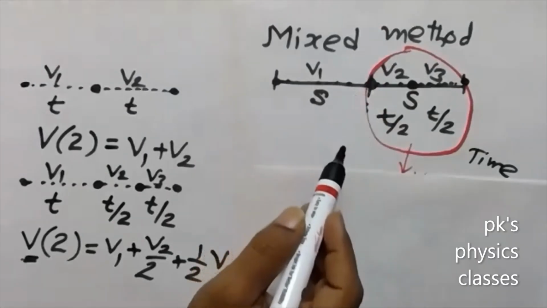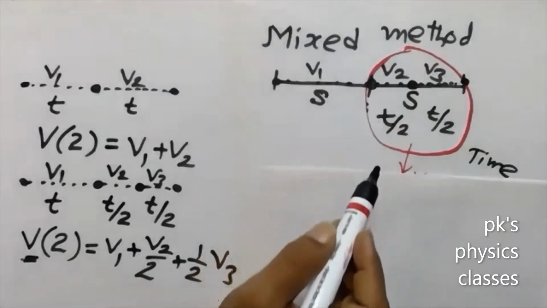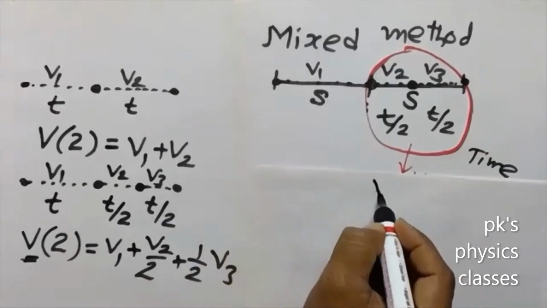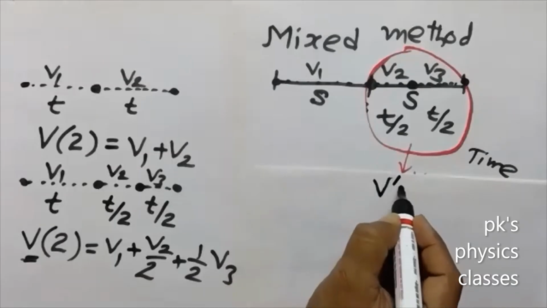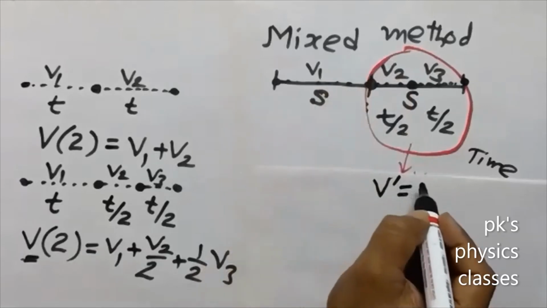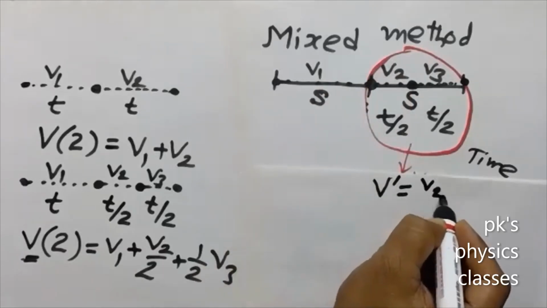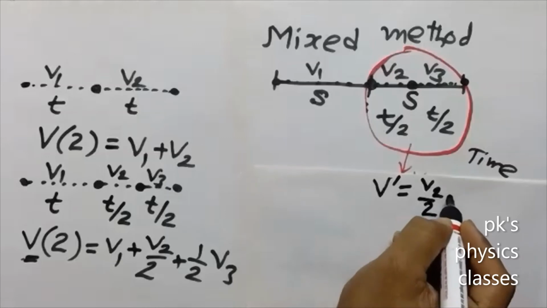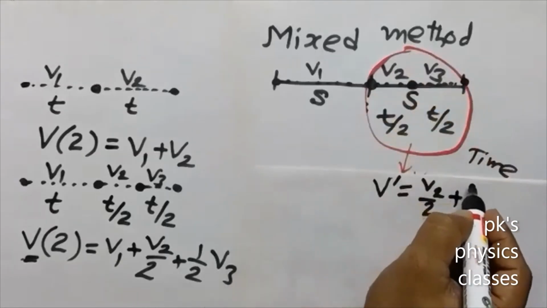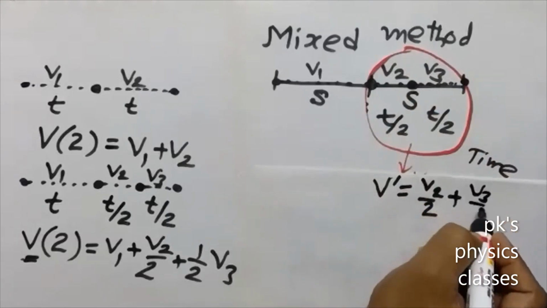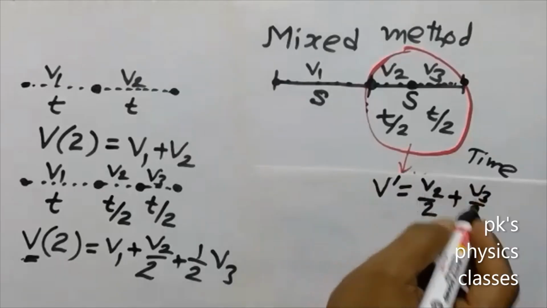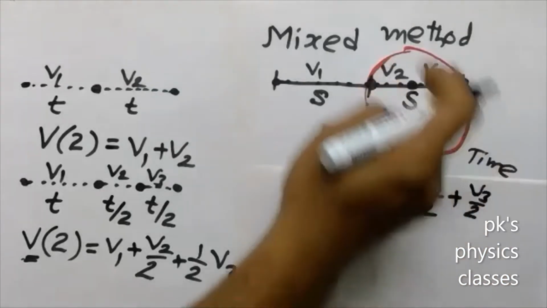In such a case, how to find the average speed here, if we call it v dash, it is equal to, here half the duration, so v2 by 2. Next, in the next half the duration we traveled with v3, so v3 by 2. This is the average speed during this journey.